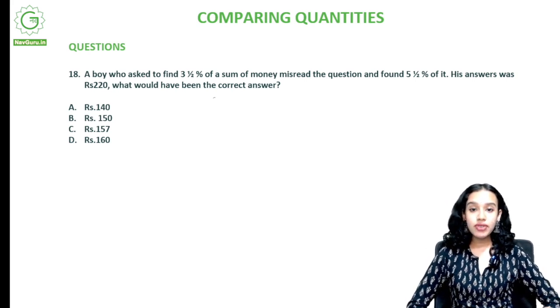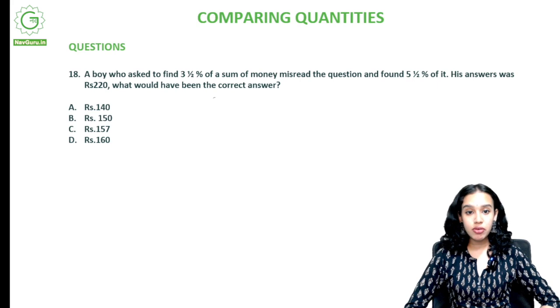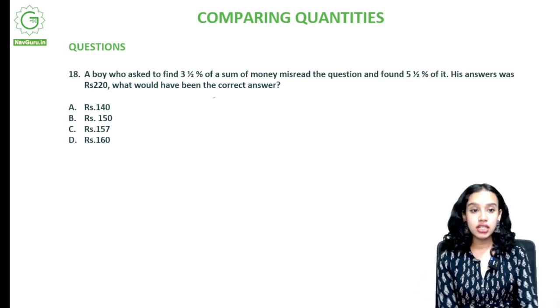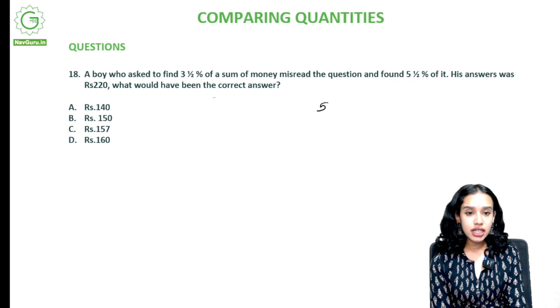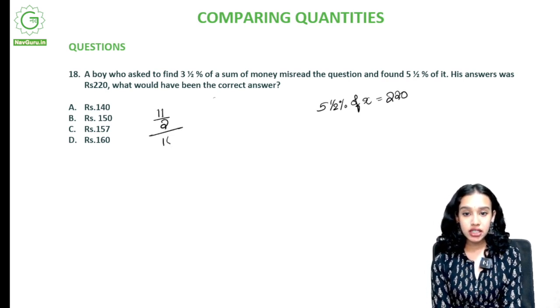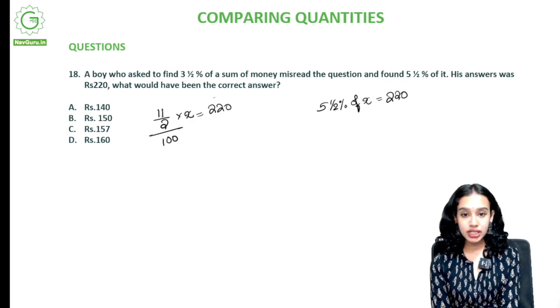A boy who was asked to find 3.5% of a sum of money misread the question and found 5.5% of it. His answer was rupees 220. What would have been the correct answer? So when we are taking 5.5% of a number, we get rupees 220. So when we are taking 11 by 2 by 100 of a number x, we get 220, right?